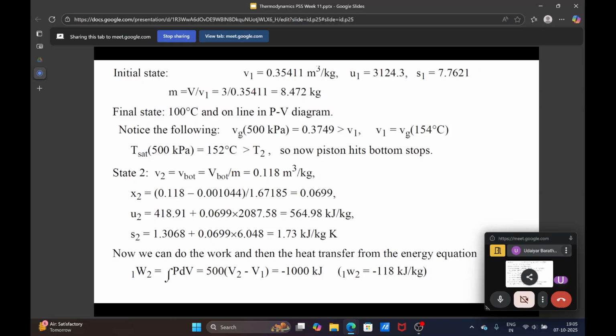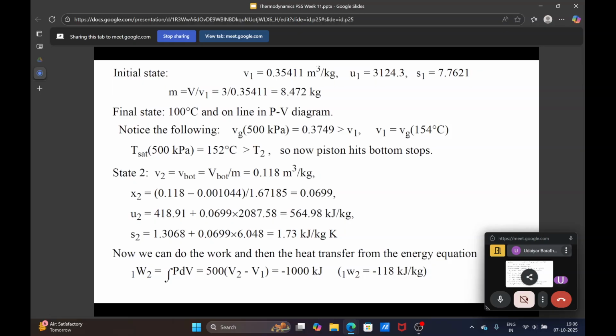So for the first case, the initial specific volume is 0.35411, and the internal energy corresponding to 1 megapascal and 500 degrees Celsius is U1 of 3124.3 kilojoule per kg, and S1 is 7.7621 kilojoule per kg Kelvin.